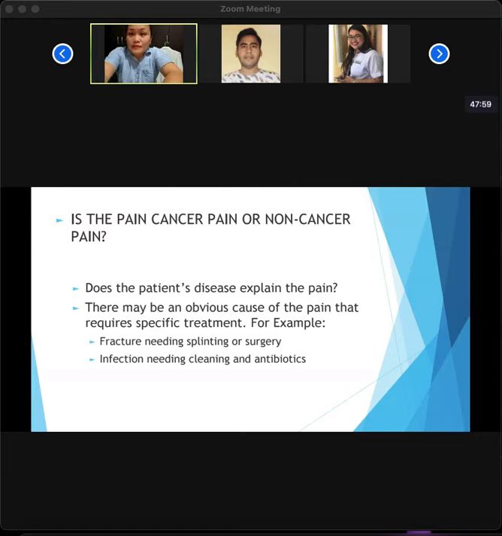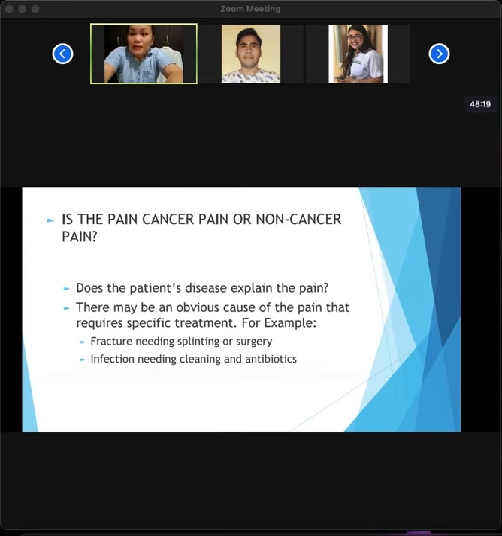Okay, especially for cancer pain, pag mayroon nang non-healing wound sa cancer area, the patient may need cleaning or antibiotics, okay, to lessen the pain.